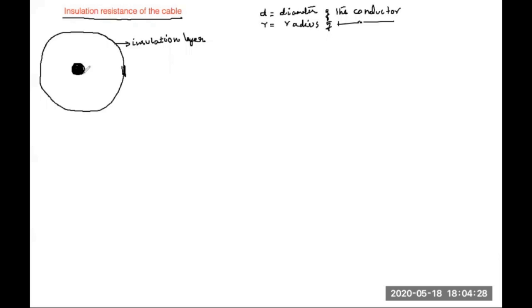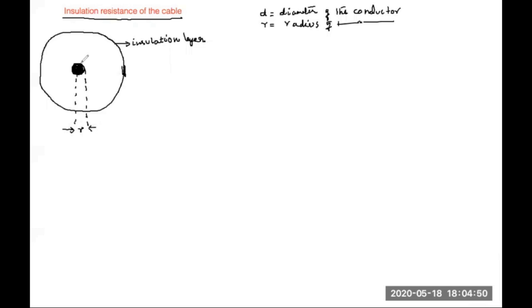For that, what is the radius of this? This is the radius of the conductor. Let me mark the radius of the conductor. That is small r. Small r is the radius of the conductor.